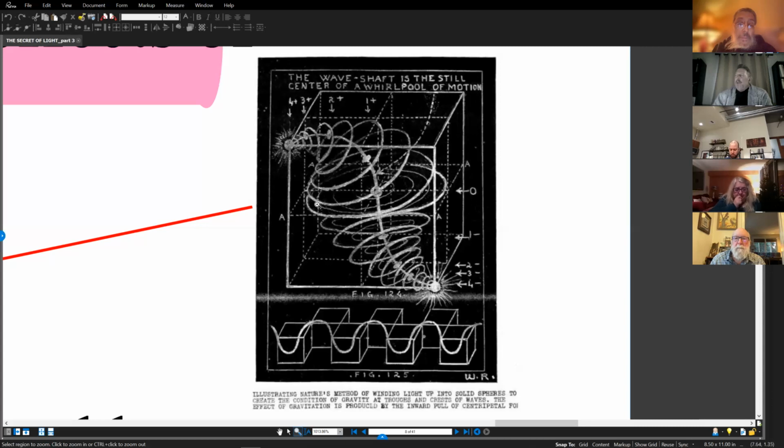So this was a diagram that I found, which shows a little bit better some of the things we've talked about. This is illustrating nature's method of winding light up into solid spheres to create the condition of gravity through trough and crest of waves. As you can see here, from the corner it goes to the center.